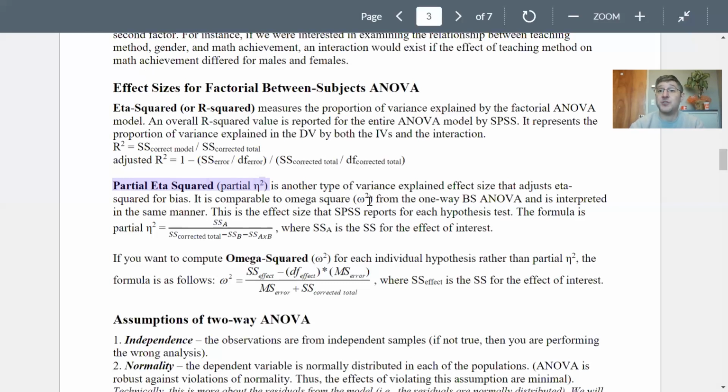We'll get another partial eta squared for gender, which would be the proportion of variance in math achievement that's explained by differences between males and females. And you'd get one for the interaction effect too, which would be the proportion of variance in math achievement that's explained by the interaction between method and gender.